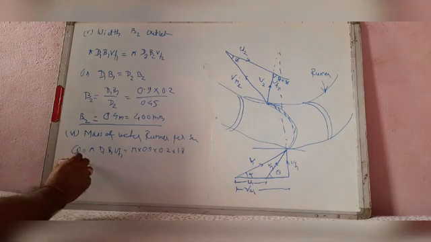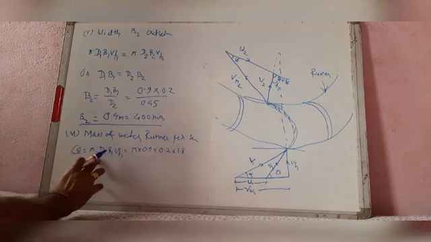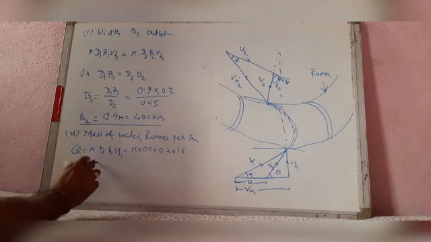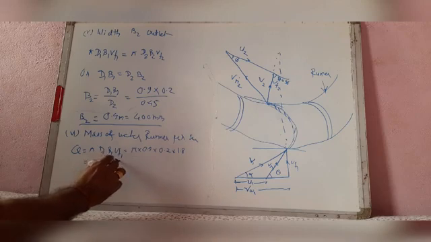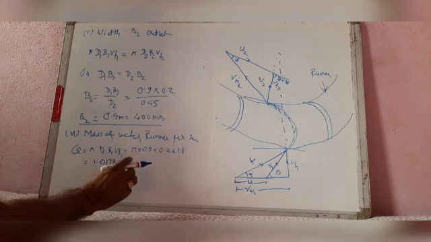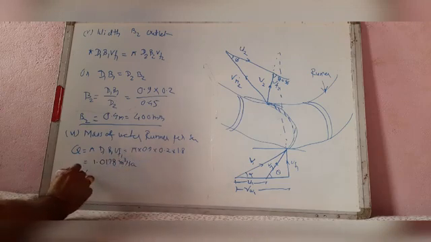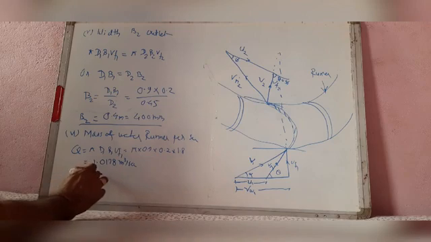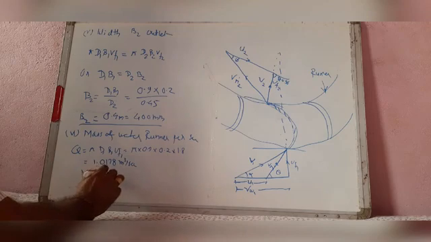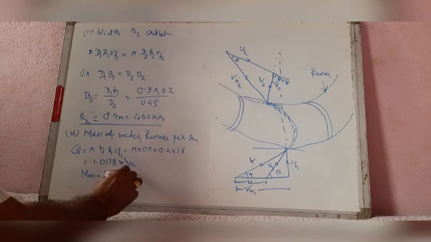So the discharge is 1.0178 meter cube per second, and mass equal to rho into Q, and rho for water is 1000.